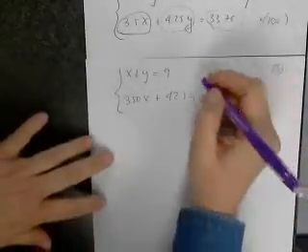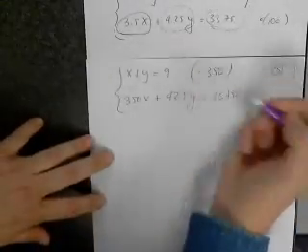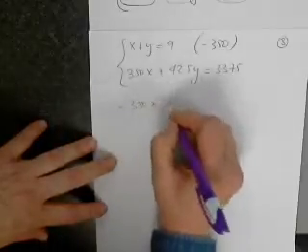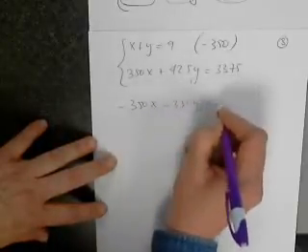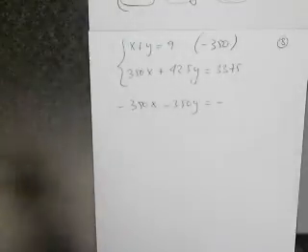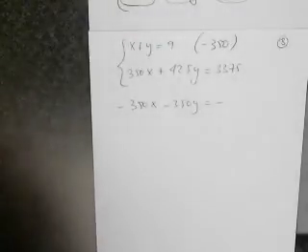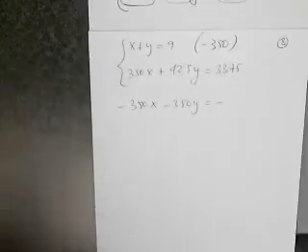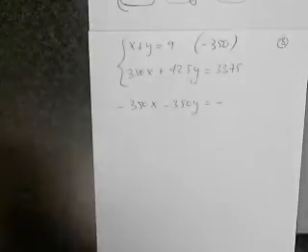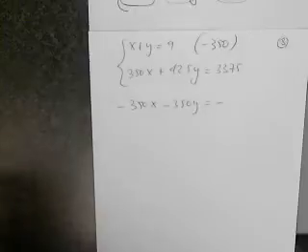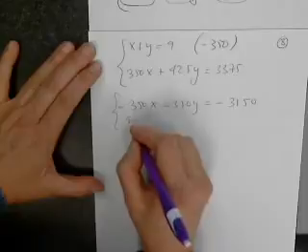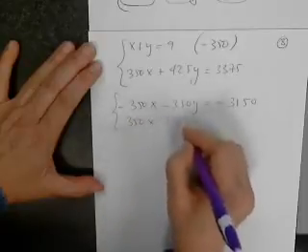Negative 350 in the top equation. Absolutely. So negative 350x, negative 350y equals negative, how much is that? $3,150. Please copy the second equation underneath.